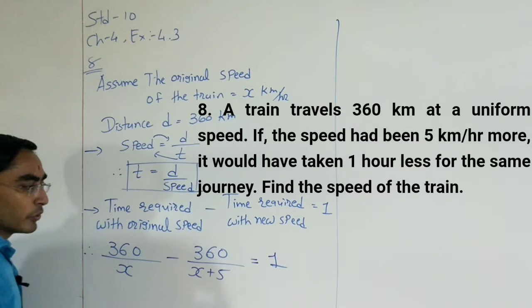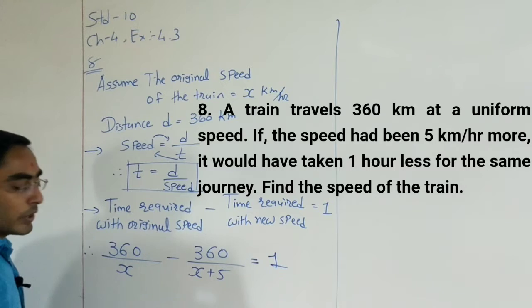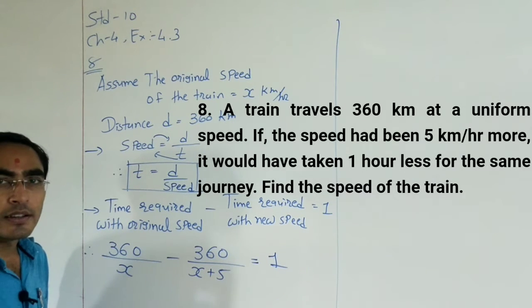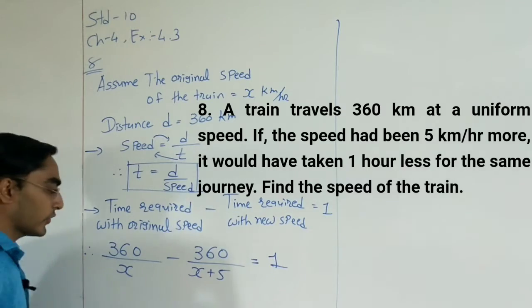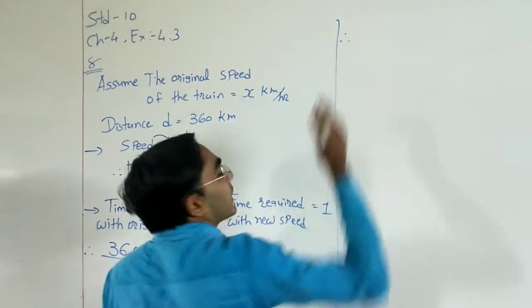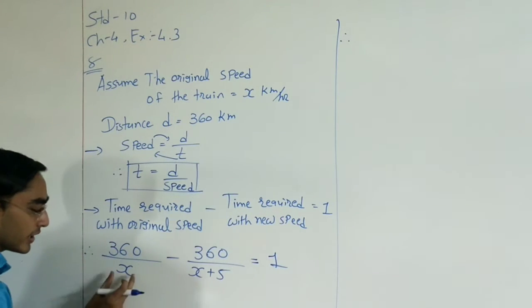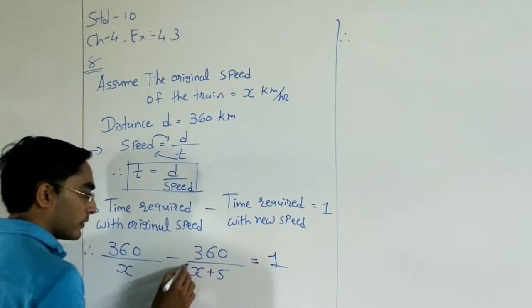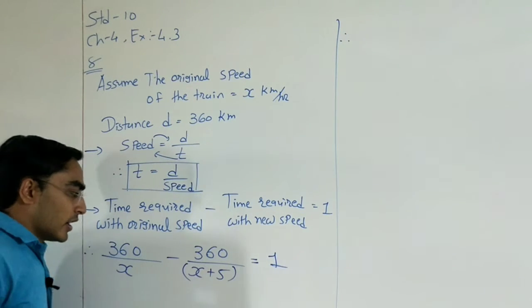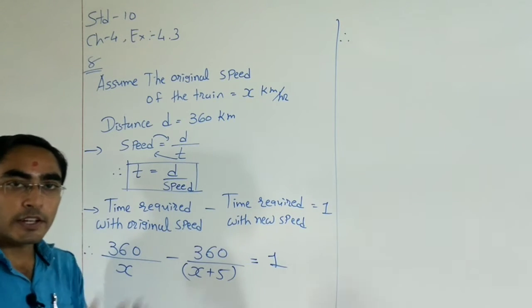Okay, now we need to solve this equation. For that, what do we need to do? LCM? Yes, we need to take LCM here. How can we take the LCM? In the denominator we have two things, x and x plus 5. You can also give the bracket. Now, with two terms in the denominator, you can cross multiply.